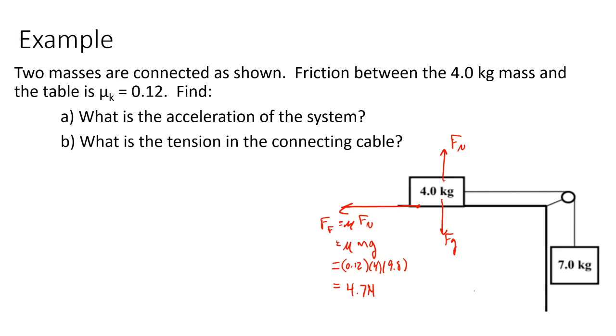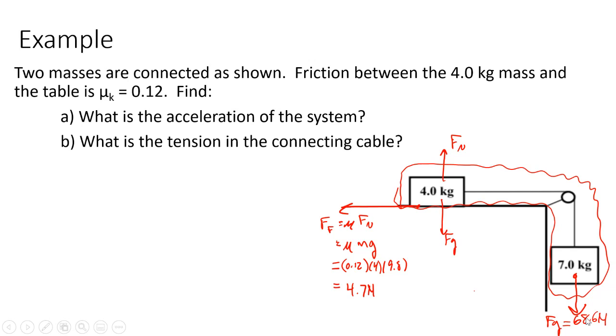Okay, so if I look for the acceleration of this entire system, I'm going to think of drawing my free body diagram. What are the external forces that are pulling here? Well, I'm going to have this force of gravity from the 7 kilogram block. That's what's going to be making this thing move, right? So 7 times 9.8 is 68.6 newtons. Now I'm going to use that in my F net equals ma.